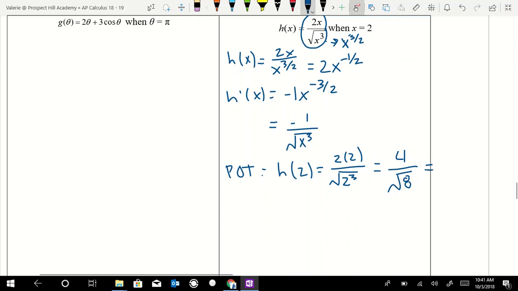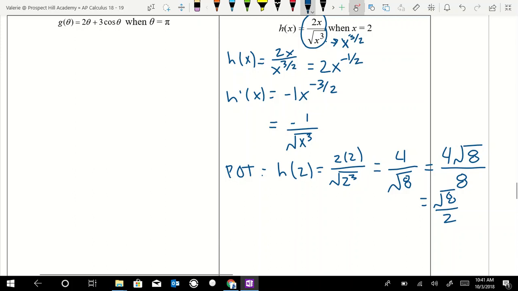Which is equal to 4 square root of 8 over 8, which is just the square root of 8 over 2. So here I had to rationalize it because my point of tangency is going to be a part of my answer.